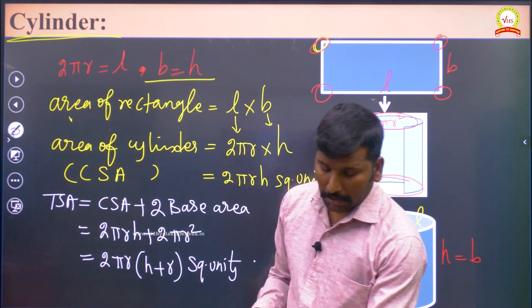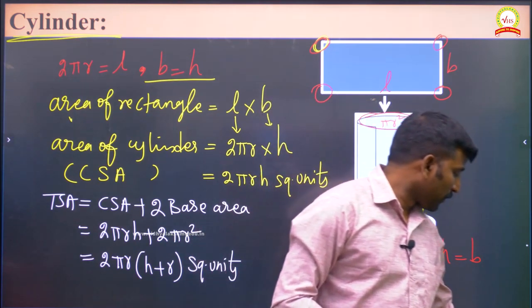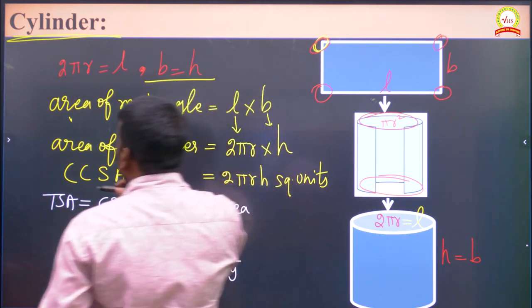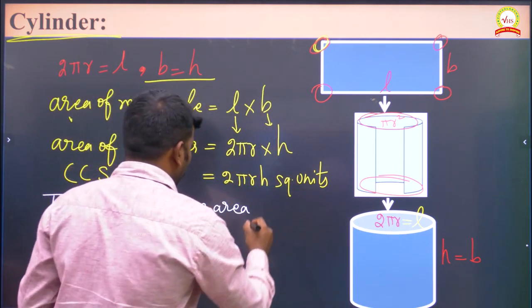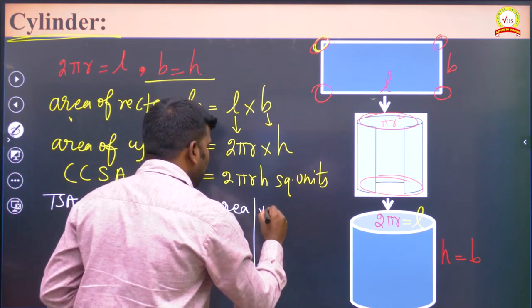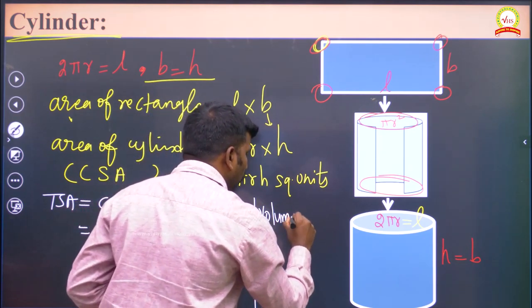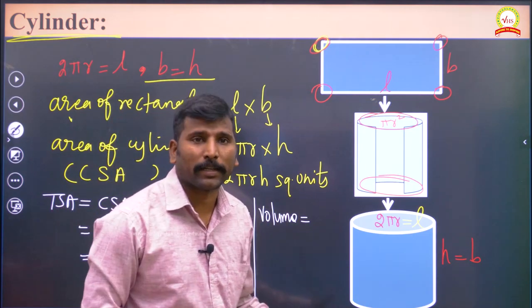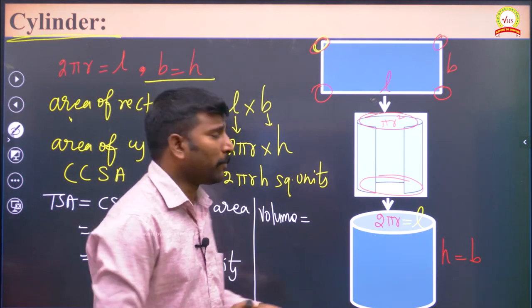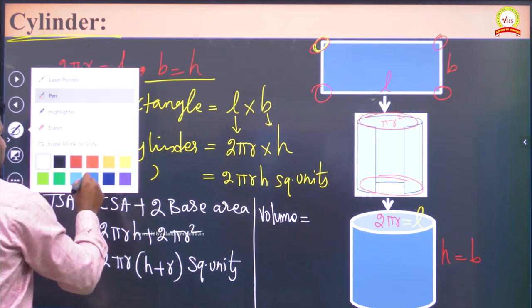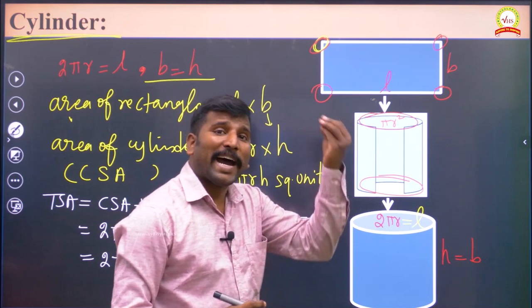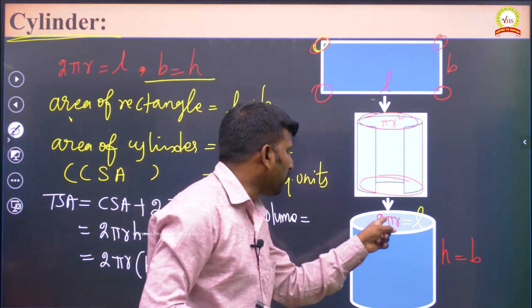So what about volume, sir? How will we find the volume? Let's see one by one. Volume in the sense is the capacity of the cylinder. Capacity of the cylinder, right? Now let's take it with something different. See children, here it is height into base area.